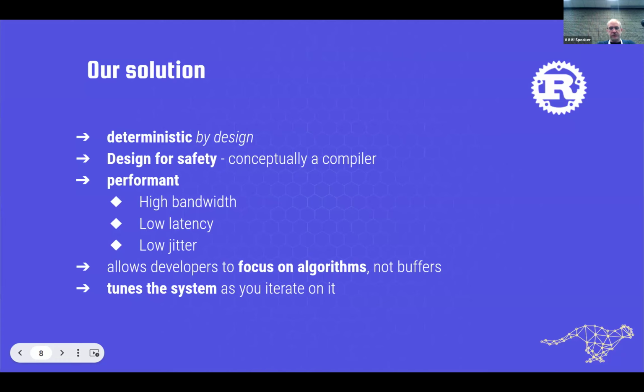Of course, in terms of philosophy, like we were saying for the game engines, I want developers to focus on their algorithms, not bits and bytes and buffers and timings and all the things they don't care about, right? And one pain point on robots, as you know if you build robots, is that the tuning is absolutely horrible, especially when you are getting close to the machine limits.